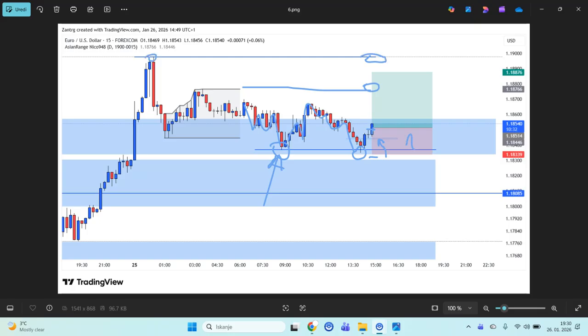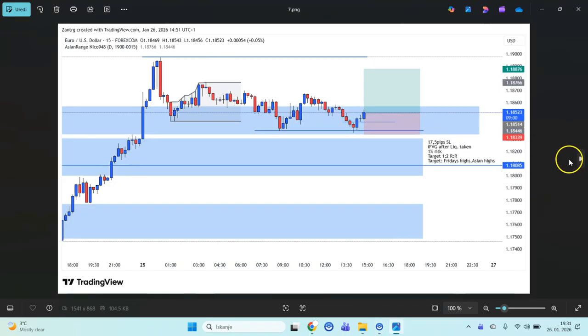So in this case, we were looking for around 1 versus 2 in terms of risk and reward ratio. As you can see, the stop loss was around 17-18 pips. We took this inverse imbalance on the 15-minute time frame after this higher time frame's liquidity was taken within that 4-hourly imbalance.